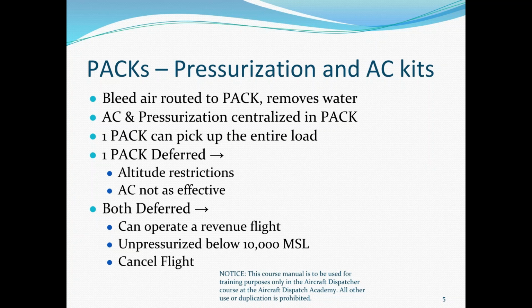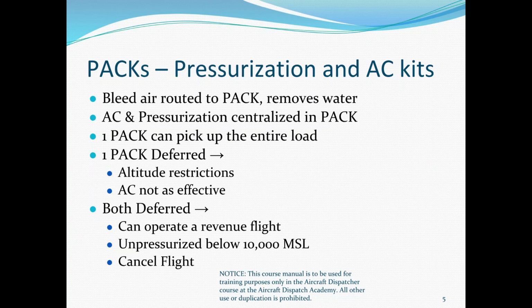So the AC packs, we talked about these a little bit. The important thing to remember is that we can still operate. We have two AC packs, a left and a right, and we can still operate with one of them not working. It won't affect the flight as far as doing its job, but it does place an altitude restriction.